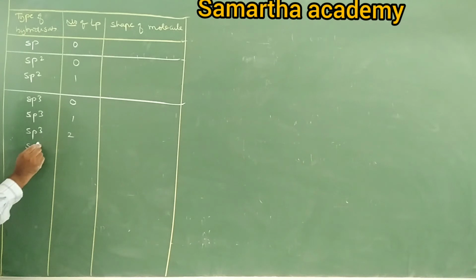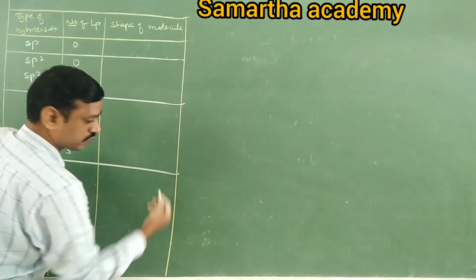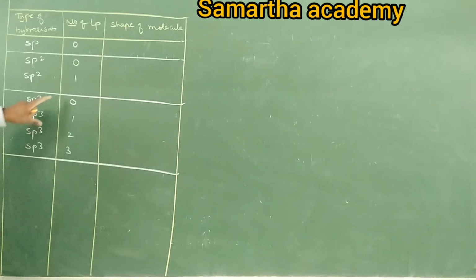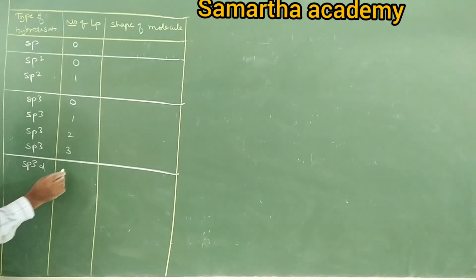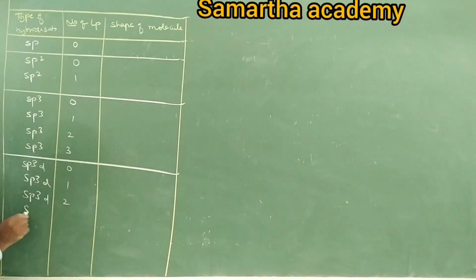Even sp3, 3 lone pair can be there. So sp3, 0, 1, 2, 3 lone pairs are possible. Next sp3d, 0 possible, 1 possible, 2 possible, 3 possible.